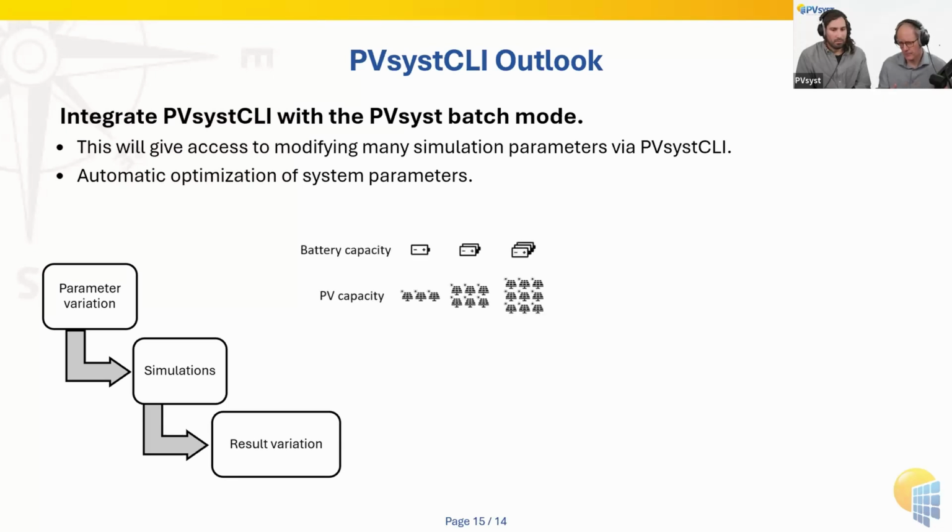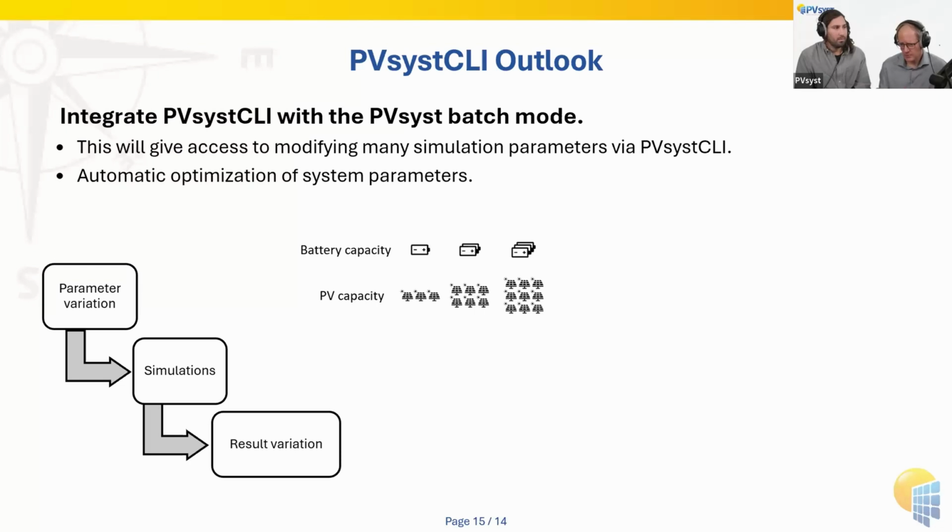For example, if you have a system with storage and you ask yourself, what is the optimal battery capacity and PV capacity for the system? You could execute a series of simulations where you vary the battery capacity and the PV capacity, and then, for example, make a financial evaluation to optimize the net present value or the return of investment or LCOE or any other kind of variable you would like to calculate.